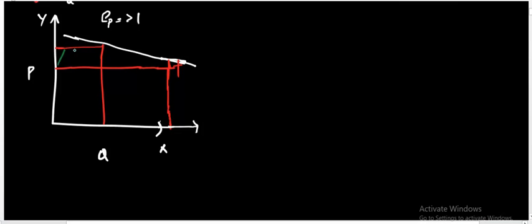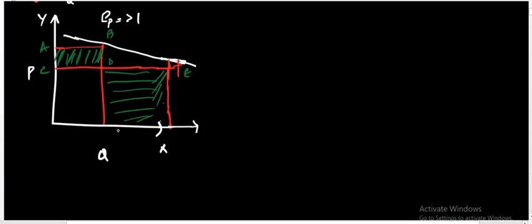For a very small change in the price, if you look over here, the quantity demanded increases in a larger proportion. So if we look in this graph, the change in the price, let me name this A, B, C and D. The rectangle ABCD is very small compared to D, E, G and H. So for a small change in price, there is a huge change in the quantity demanded.